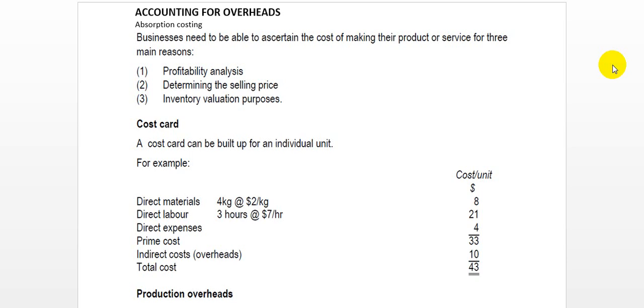Okay? So after the prime cost, then you're going to bring your indirect costs, which are your overheads. When you add your overheads or your indirect cost to your prime cost, you get total costs.